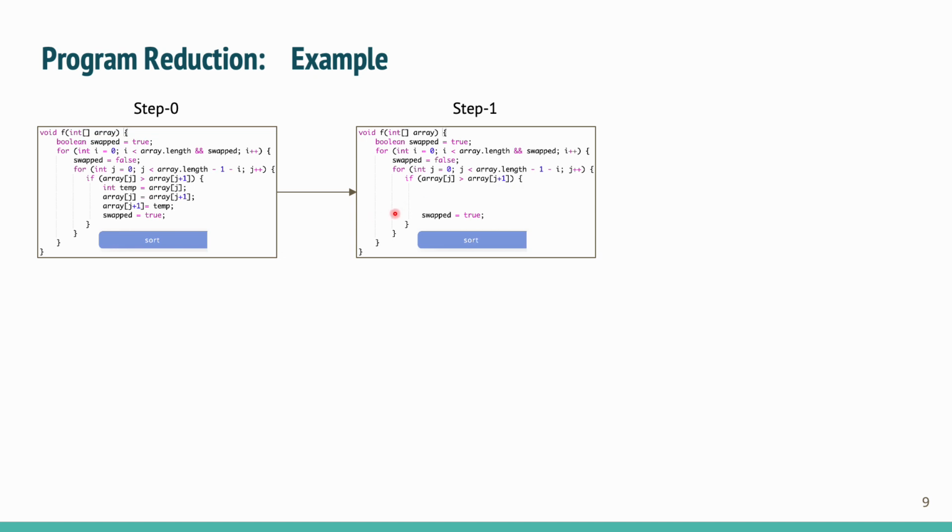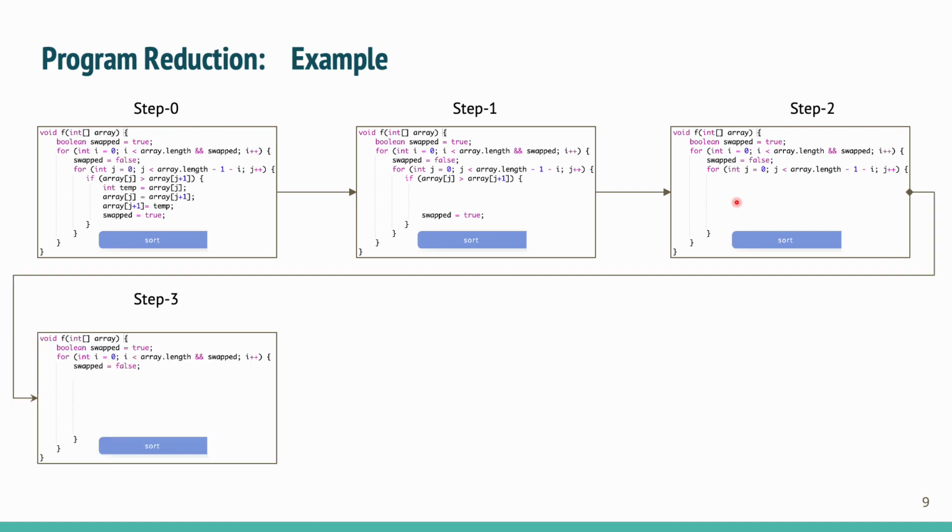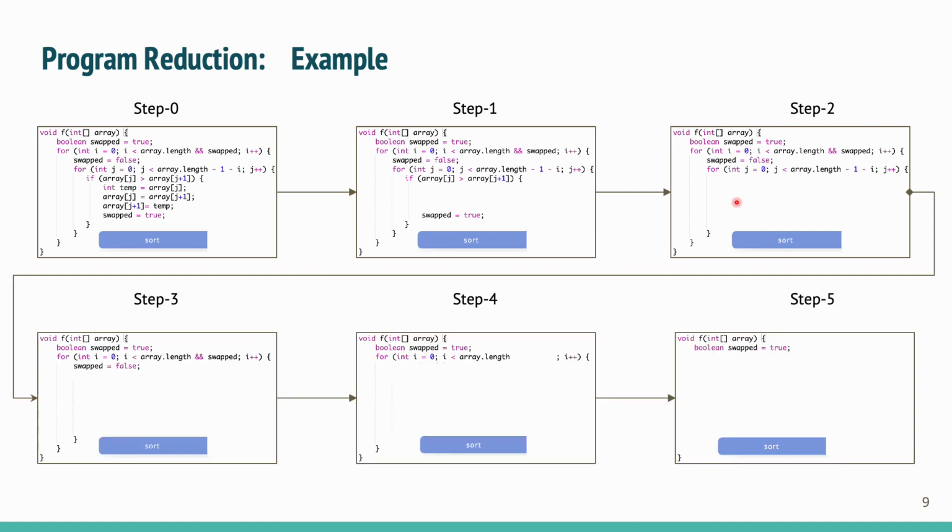If we remove the value swapping part, the model still thinks it is a sort function. After removing the array element condition checking, the model still predicts the code as a sorting function. Eventually, after removing the inner and outer loops, the model still decides to consider the remaining program as a sort function.